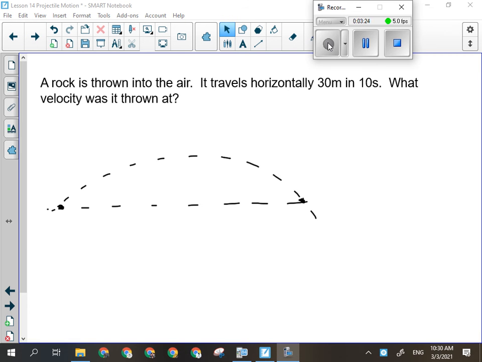All right, so for this one, we don't know the angle. We don't know the projected velocity. All we know is that it travels horizontally 30 meters in 10 seconds.